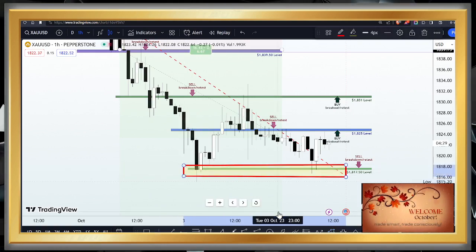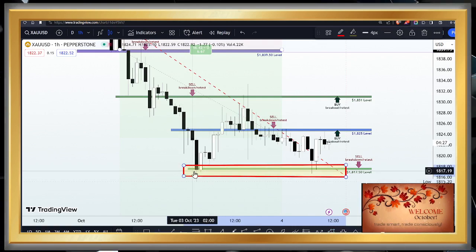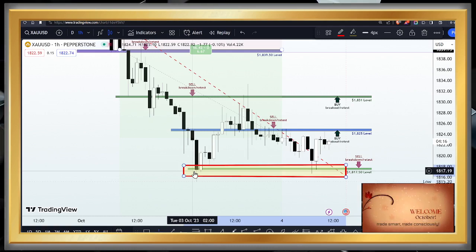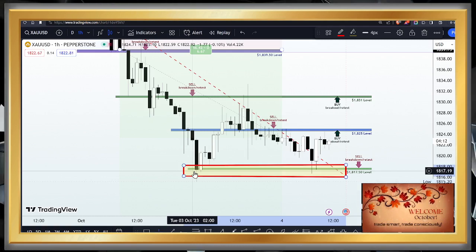Now, look at what has been going on here since Tuesday's trading session. We saw how whenever price comes into this area, buyers come in to negate the bearish potential. And for me, this is a sign that buyers may likely be gaining momentum behind the scenes. And if this situation leads into a scenario where the descending trend line is broken to the upside, then I'm of the opinion that we are likely going bullish.